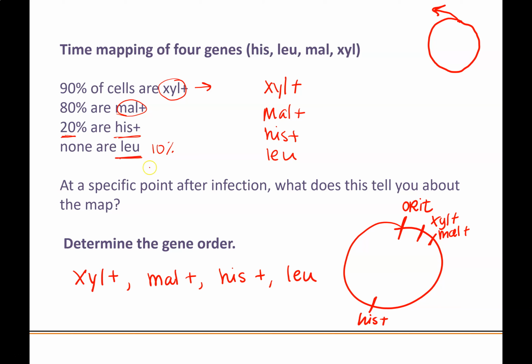And then I just happened to call it 10%, so we'll say that the LU gene is close. Now, this is why we said it's relative, because these don't necessarily correspond to a specific distance, but we do know that these two are close and these two are close, and there's a large gap in between. The more genes you have, the better you can determine your actual relative map distances.